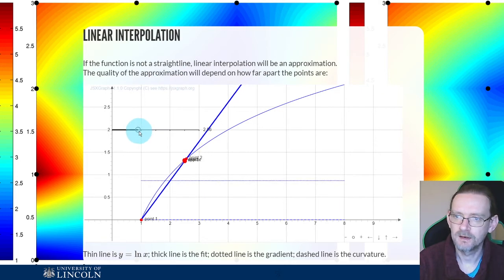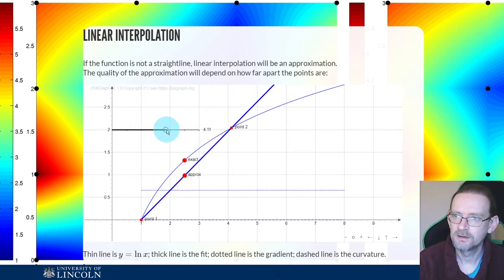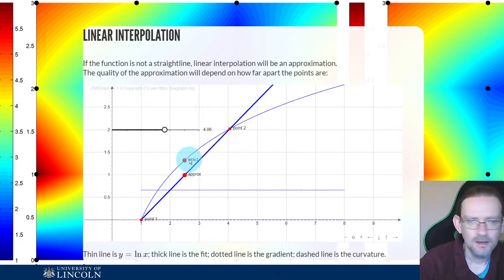If it's very close to the data points, then linear interpolation is good. If it's halfway in between, then you're going to get your maximum error. I won't really go into the errors. It's a good idea to have a look. Normally you can make a Taylor series expansion and estimate the error from that.